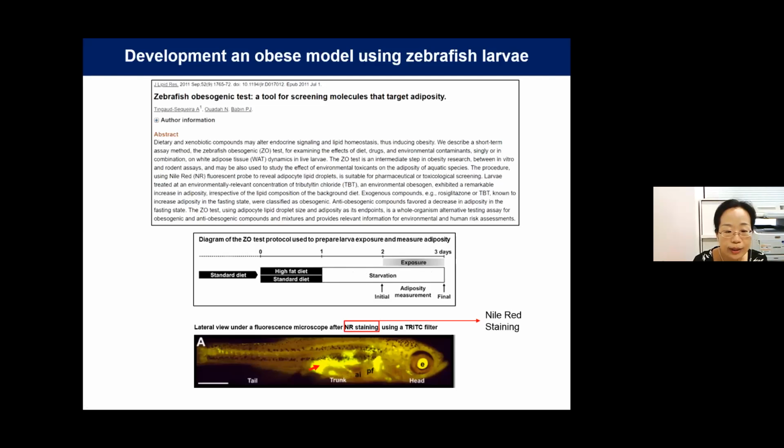The Nile red staining and the adipocytes can be observed under a fluorescence microscope. The Nile red staining is performed before and after the test material exposure to calculate the adipose tissue reduction rate.